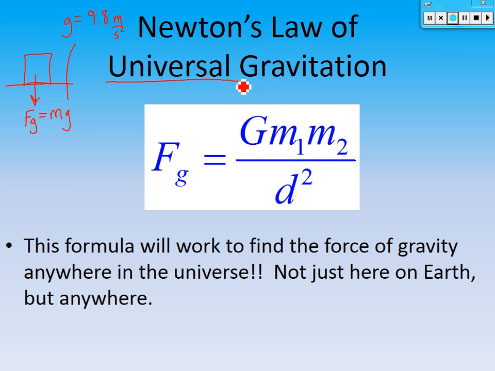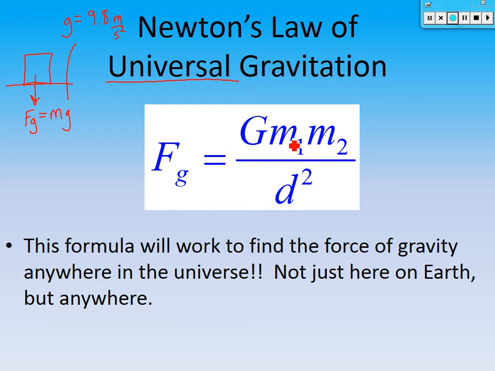Here's the equation that we're going to learn. Force of gravity is equal to G times m1 times m2 over d squared. This equation is known as Newton's law of universal gravitation, and it works, like I said, to find the force of gravity anywhere in the universe.